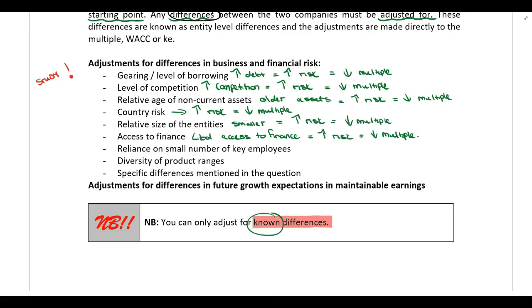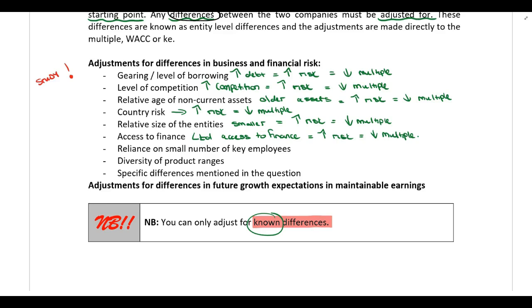On the other hand, we are using a multiple of a similar listed company. If the company is listed, they have easier access to finance. It's easy for them to raise new equity finance. They can just issue new shares. It's also easier for them to obtain more debt finance than it is for a small Pty limited.